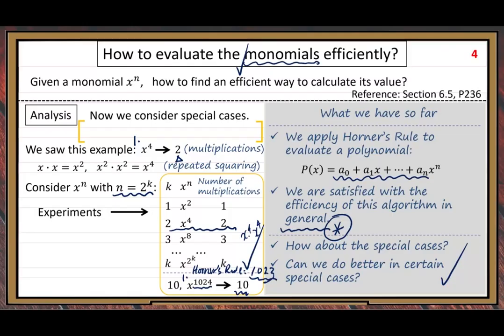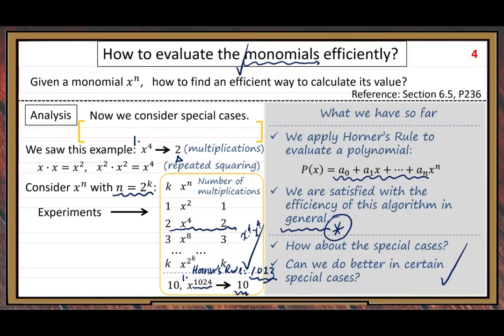Now you compare 10 versus 1023. How much is the difference? Pretty big, right? 1023. If you take out the major part of 1000, the minor part, 23, is still more than twice this, much better result, 10 multiplications.